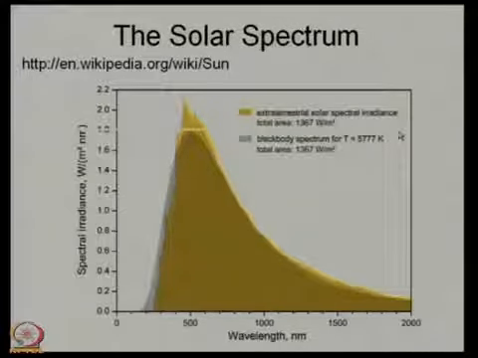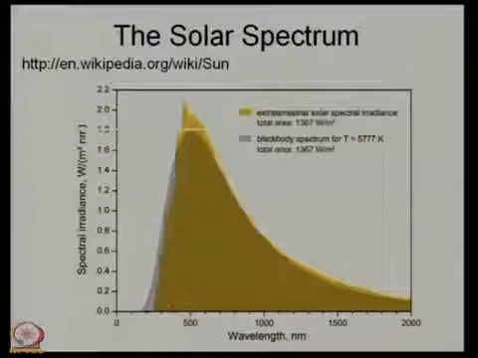So, it is a reasonable assumption to think of the sun as a black body with a temperature around 5800 Kelvin, because the black body curve gives a reasonably good fit to the solar spectrum. The bulk of the radiation comes in this visible, ultraviolet and infrared part, so the bulk of the radiation coming from the sun can be well modeled using a Planck spectrum.